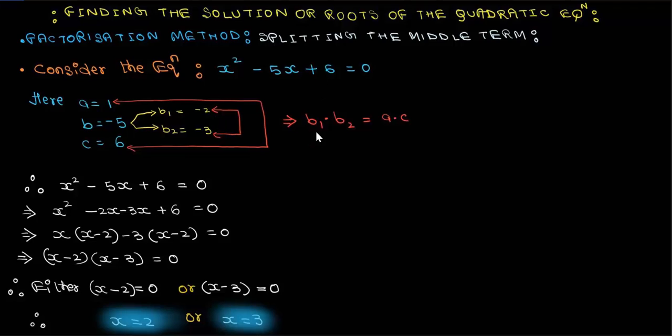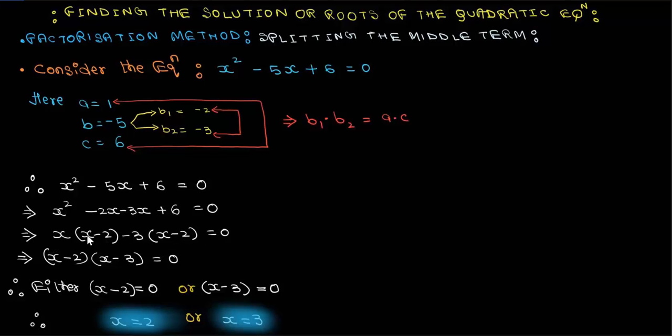So here b1 and b2 are minus 2 and minus 3, such that b1 into b2 equal to a into c. So x square minus 5x plus 6 equal to 0 becomes x square, minus 2x minus 3x plus 6.